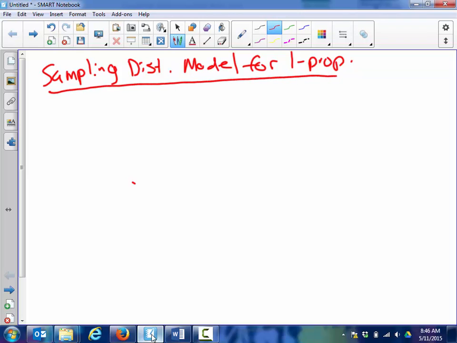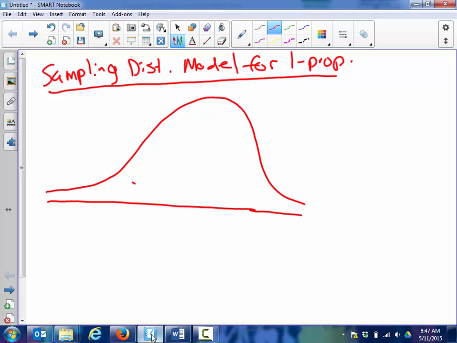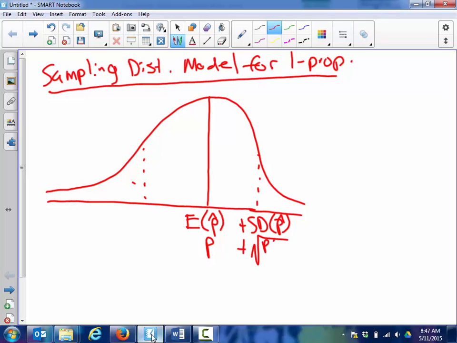Every bell curve that you use for proportions is going to use the normal bell curve. If we want to talk about where sample proportions lie, the expected value of a sample proportion on this bell curve is just p, the population proportion, and the standard deviation of the sample proportions on this curve is the square root of pq all over n.